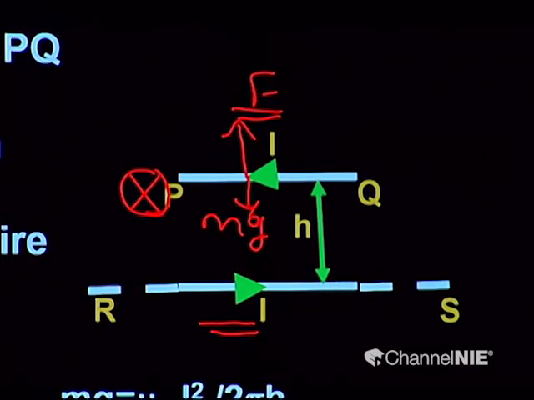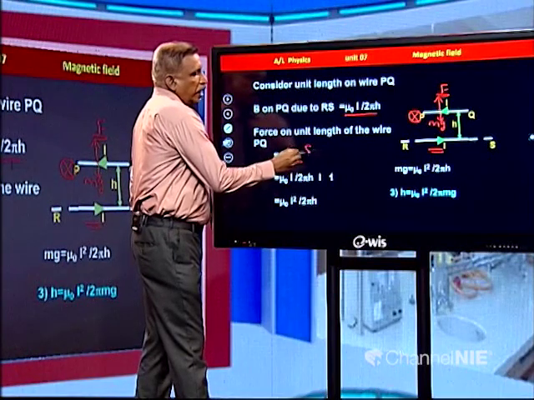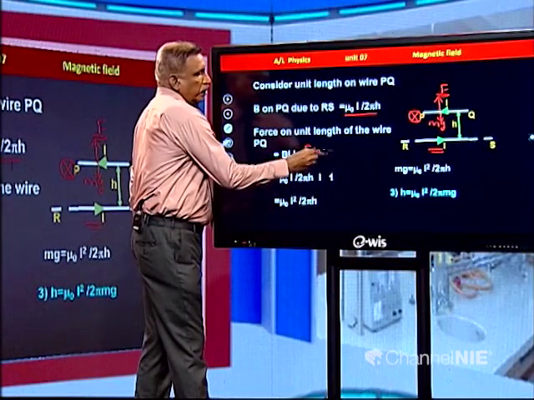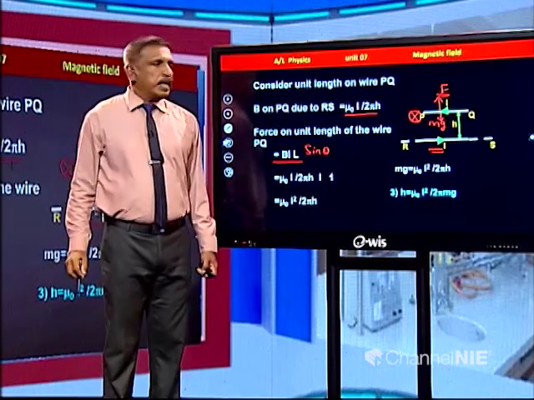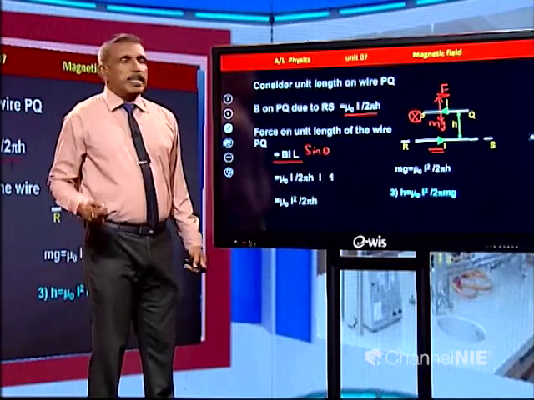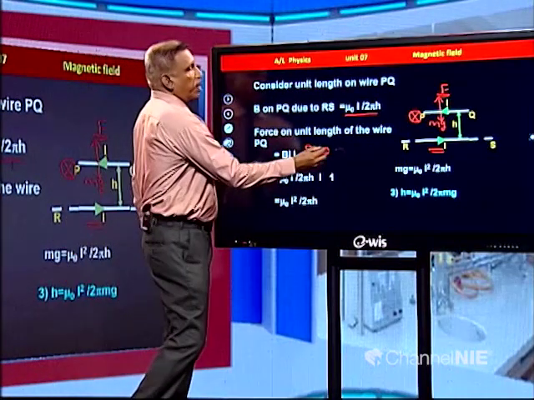Therefore, in the equilibrium state, we can write the force equal to BIL. Normally the force on a conductor is BIL sin theta. Here theta is 90 degrees, so sin theta is equal to 1.